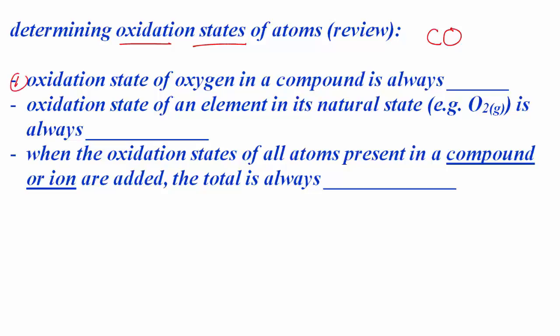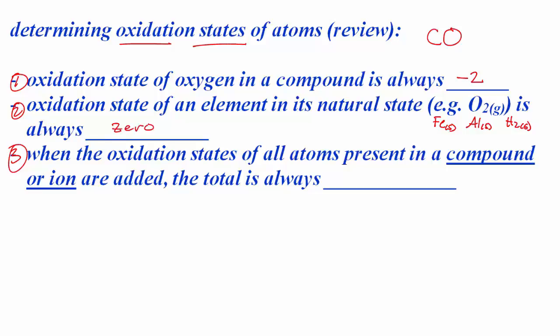Well, we had 3 rules that we pretty much used to figure these things out. Let's take a look at the first one. The oxidation state of oxygen in a compound is always -2. The oxidation state of an element in its natural state, for example, oxygen gas, iron solid, aluminum solid, hydrogen gas, is always 0.